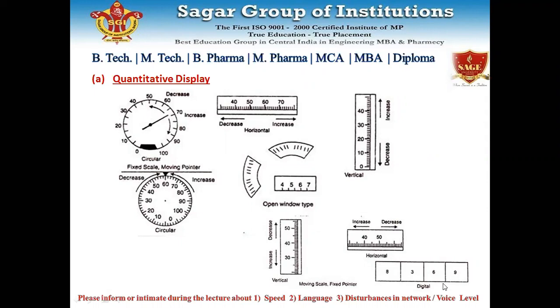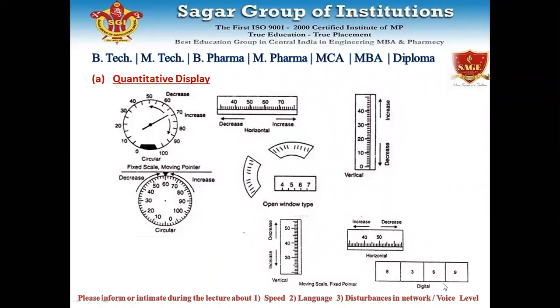when we compare the relative advantage and limitation of the fixed pointer and fixed scale types: in a fixed pointer the pointer stays fixed and the scale moves, and in a fixed scale the scale stays fixed and the pointer moves.